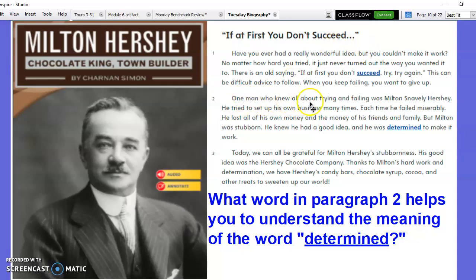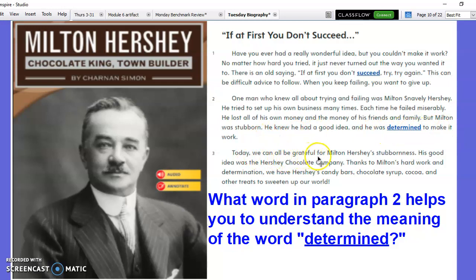It says, one man who knew about trying and failing was Milton Snavely Hershey. He tried to set up his own business many times. Each time he failed miserably. He lost all of his own money and the money of his friends and family. But Milton was stubborn. He knew he had a good idea, and he was determined to make it work.